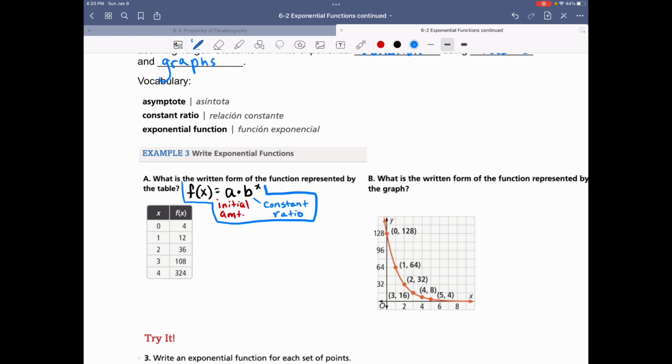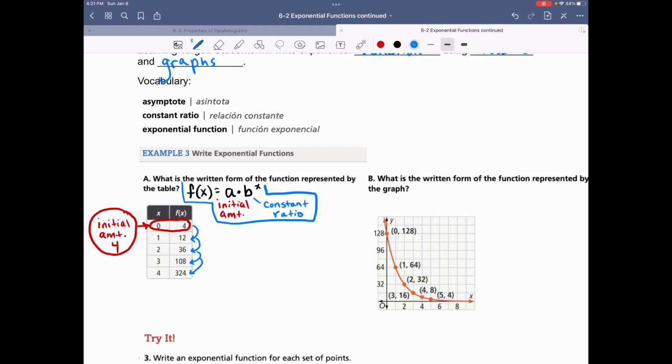All right, so first we need to know what the initial amount is. Where x is 0, f of x is 4. So the initial amount is 4. And then the constant ratio we find by figuring out how we get from one f of x to the next f of x.